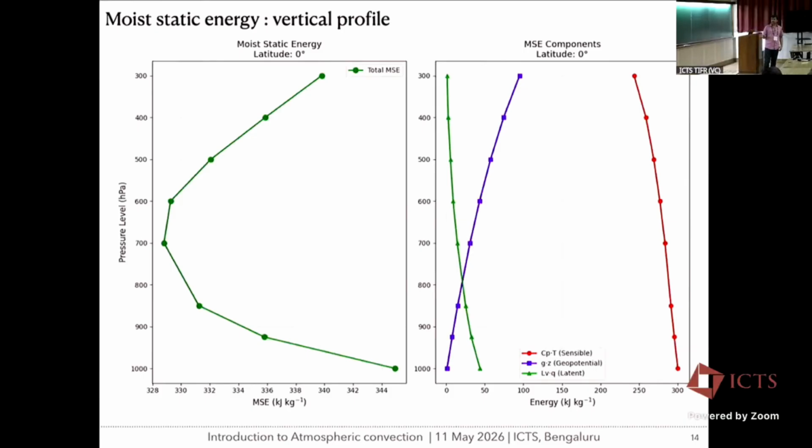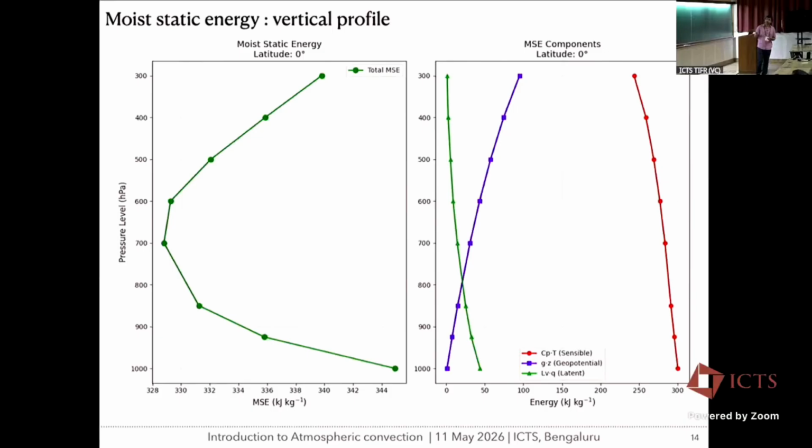And it gives a nice C shape because all three, if you see, moisture is decreasing and temperature is kind of steady and then increasing. And this one, moisture and temperature decreasing, and then your potential energy increasing with height. And when you sum all the three, then you get this curve, which is moist static energy.